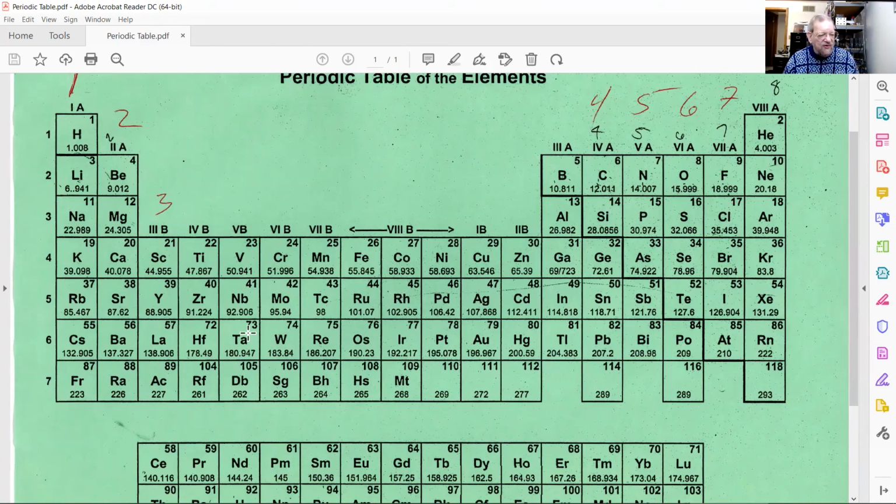All right, so for sodium, Na, 22.989 rounds off to 23.0. For chlorine, 35.453 rounds off to 35.5.